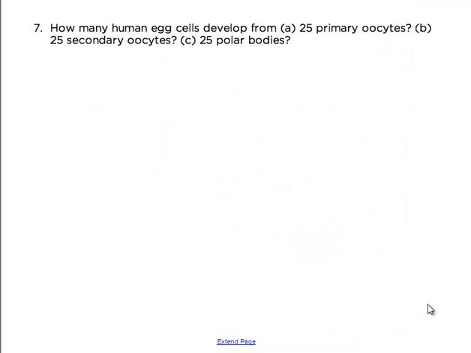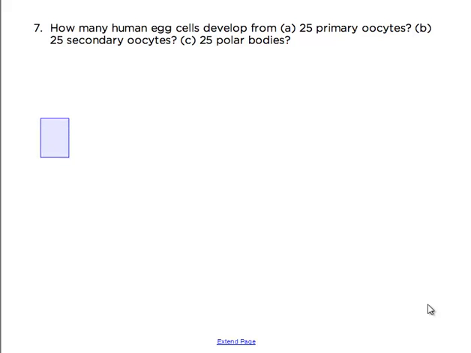Question 7 asks, how many human egg cells develop from A, 25 primary oocytes, B, 25 secondary oocytes, and C, 25 polar bodies? If you did question 6, this is very similar, but it's trying to highlight the differences between female and male gametogenesis.